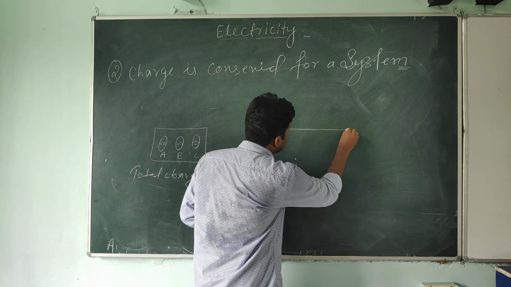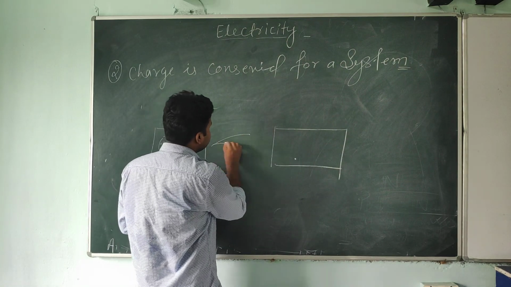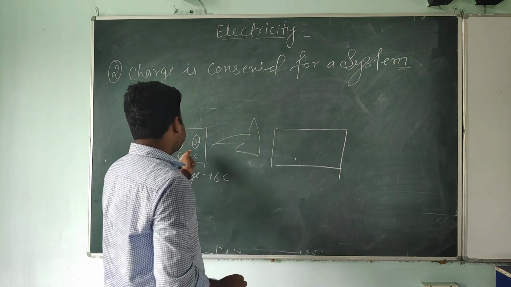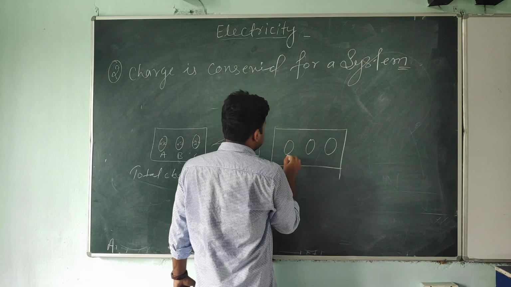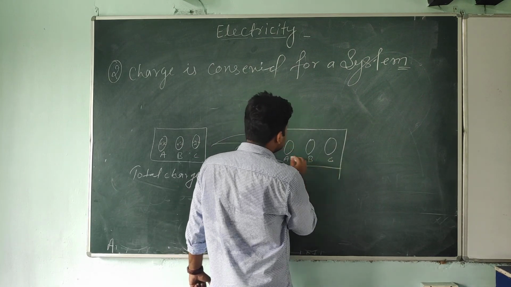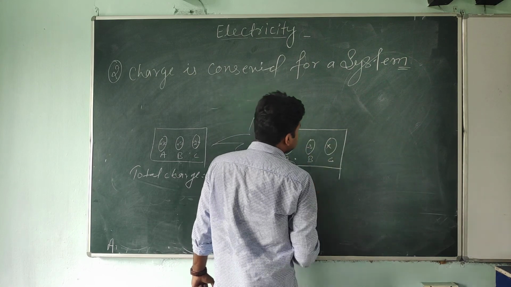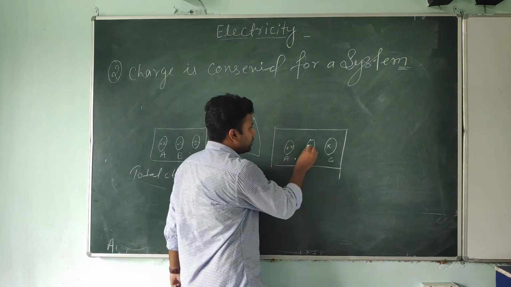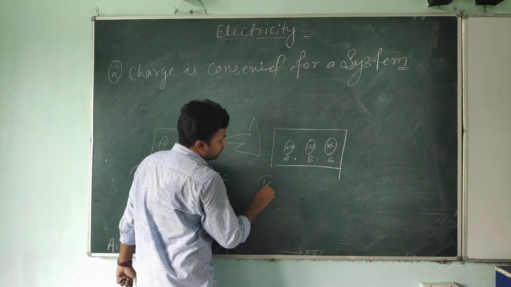And we have another system, the same system. After some time, shuffling happens between A, B and C. So after shuffling, how much charge? This is the A system, B system and C system. A has plus 4 coulomb, B has minus 3 coulomb. I am assuming X coulomb charge on C. How will you find it? Total charge will be conserved.